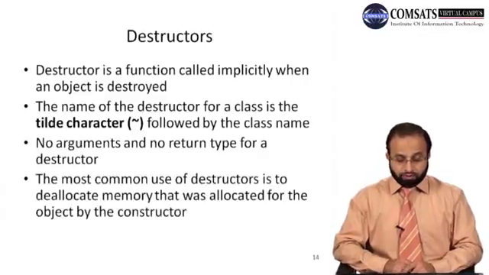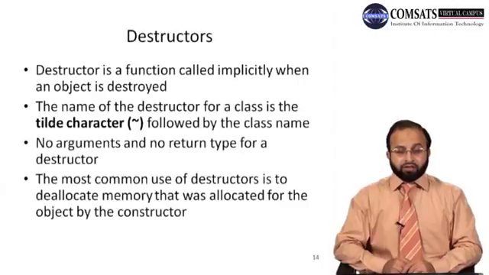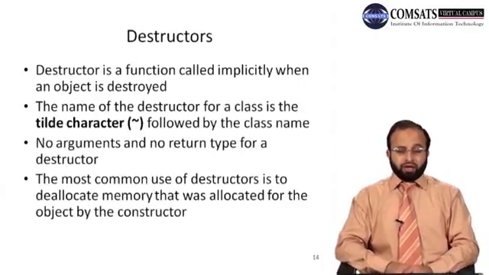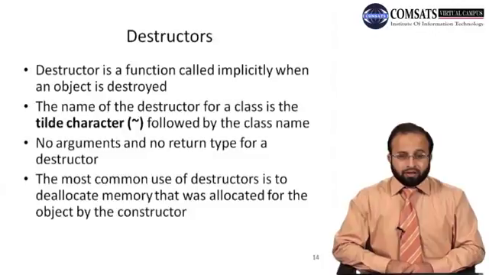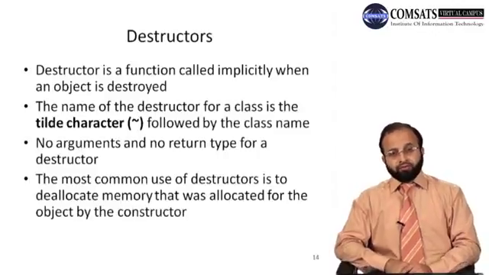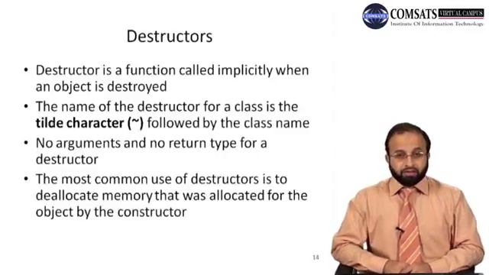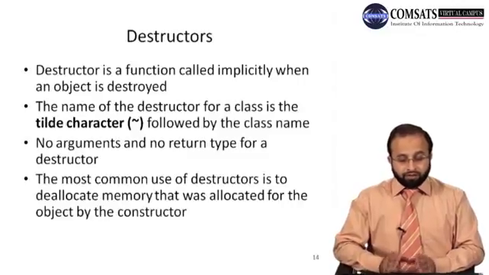The most common use of destructor is to deallocate memory that was allocated for the object by the constructor. So in the constructor, what you do is you allocate memory using the new operator. Let's say 24 bytes you have allocated using new, and then in the destructor you free that. You need to free that memory before exiting from the program.